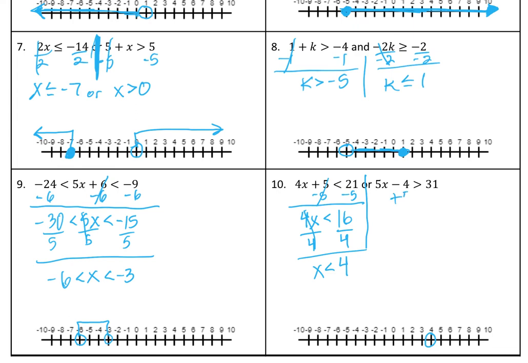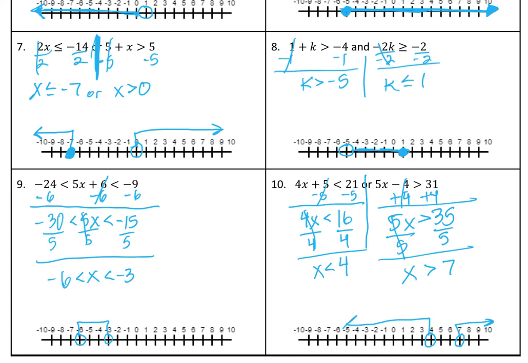For the next part, we add 4 to both sides and get 35, then divide by 5 and get x is greater than 7. So open circle on 7, and then we're shading outside. Or is outside and and is inside.